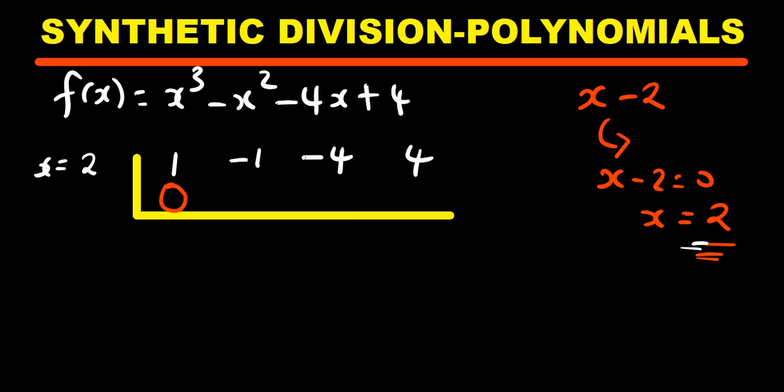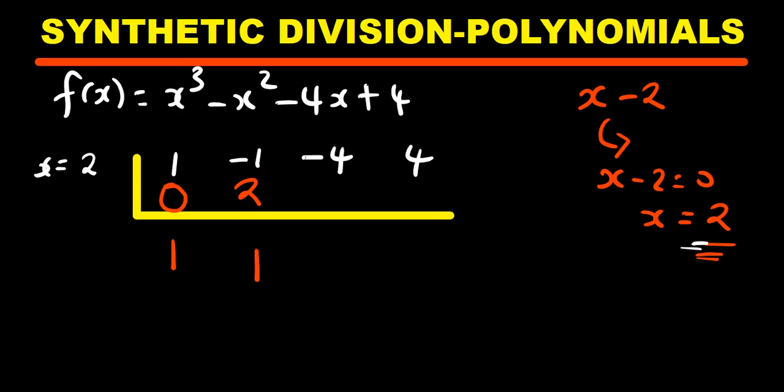So what you're going to do is add 1 plus your 0 there, it just gives us a 1. Then 2 multiplied by our 1 gives us a 2. Then again -1 plus 2 gives us a 1.